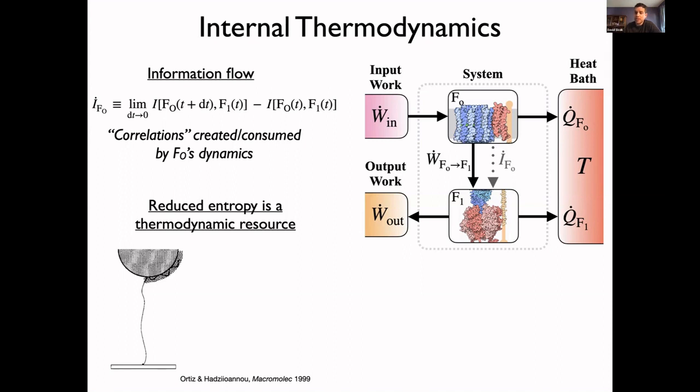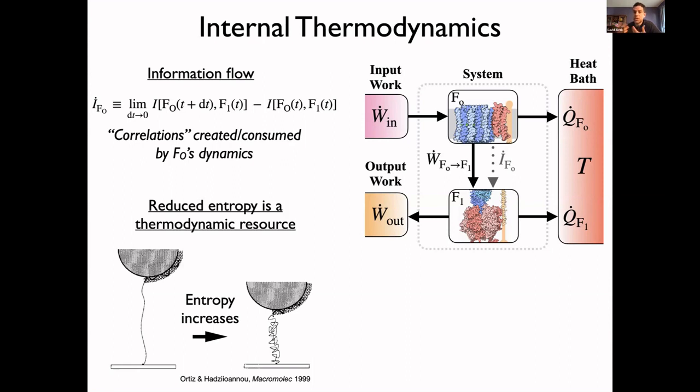It's just entropically unfavorable because there are very few conformations of this polymer that can achieve the long extension. So if I let go of this bead, in general, this polymer is going to compact, it's going to increase its entropy, and that's very much an entropic driving force pushing this behavior forward. So reduced entropy is a thermodynamic resource, as many of us already appreciate. And so similarly, in a multivariate setting, mutual information, or reduced joint entropy, is a thermodynamic resource.